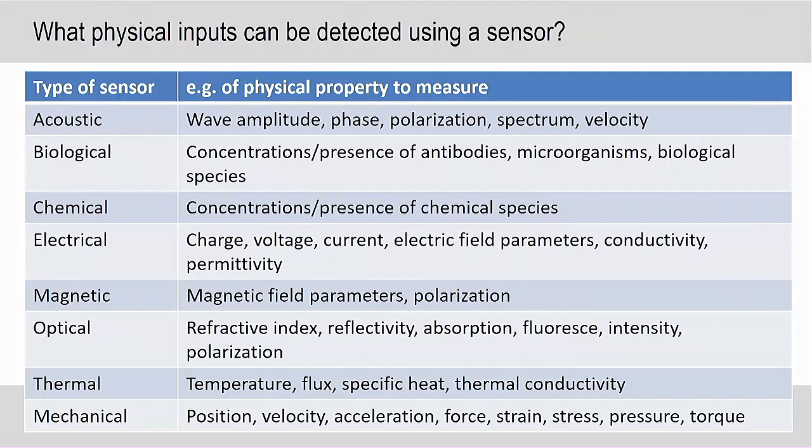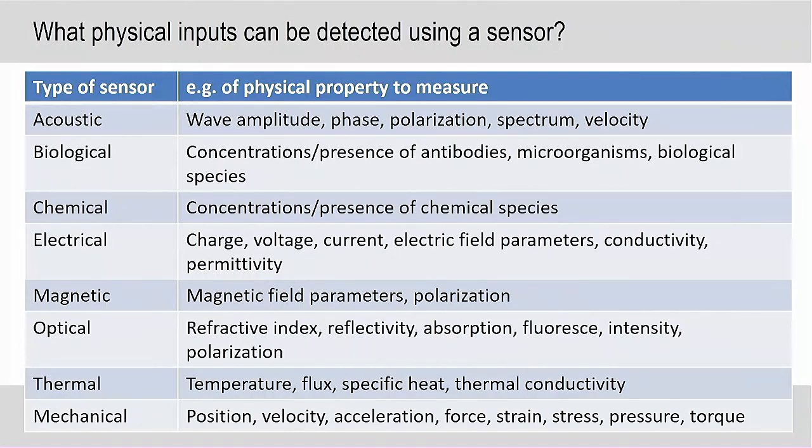So refractive index, reflectivity, absorption, fluorescence, intensity and polarization. Thermal, someone mentioned before, temperature, so that's a common one, flux, specific heat, thermal conductivity. And then mechanical is a very, very common one as well that I don't think we really discussed too much then. So we're talking about position, velocity, acceleration, force, strain, stress, pressure and torque.